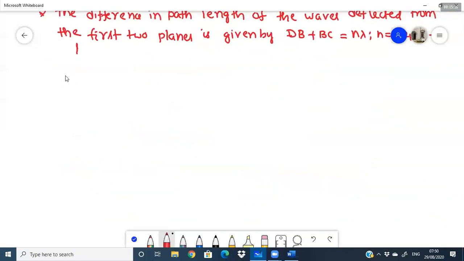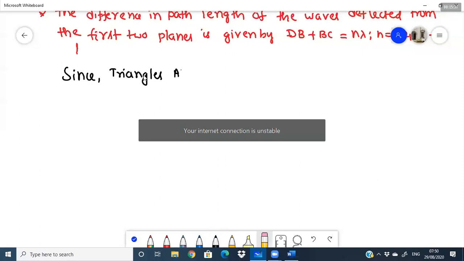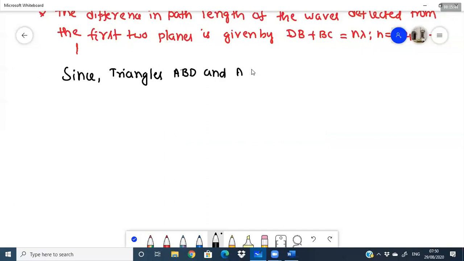Since triangles ABD and ACB are congruent, then DB equal to BC.